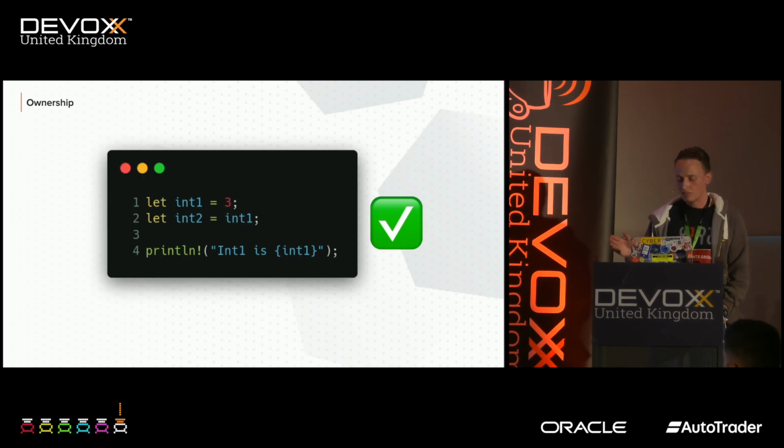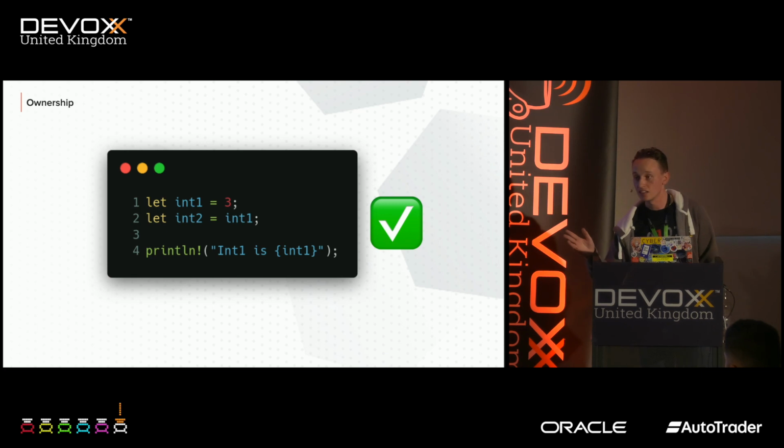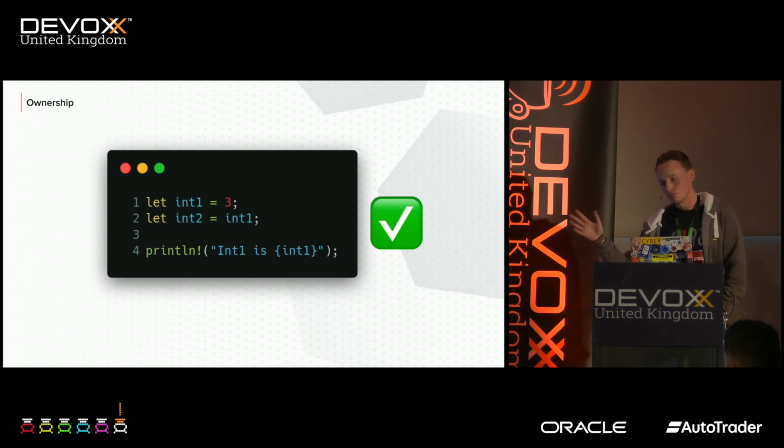Now, it's worth noting that this doesn't happen necessarily to all variables. So in this case, if we do the same thing with an integer, it actually works fine. And the simple answer for why that is the case is that integers are stored on the stack, strings are stored in a heap, more or less. We can hand-wave the complexity of that away. And variables that are stored on the stack are copied, so they aren't affected by this.